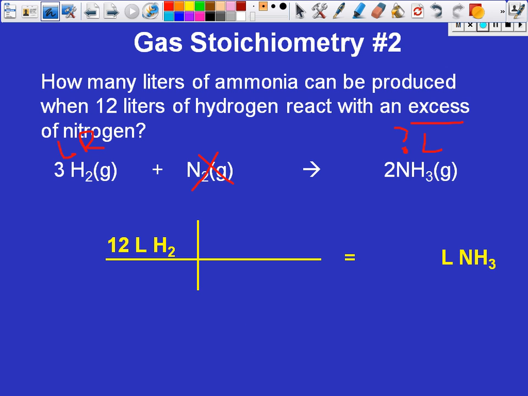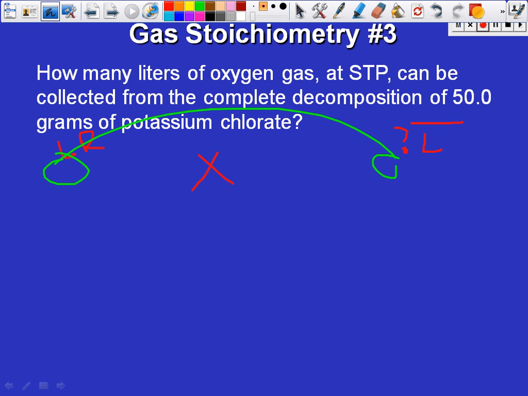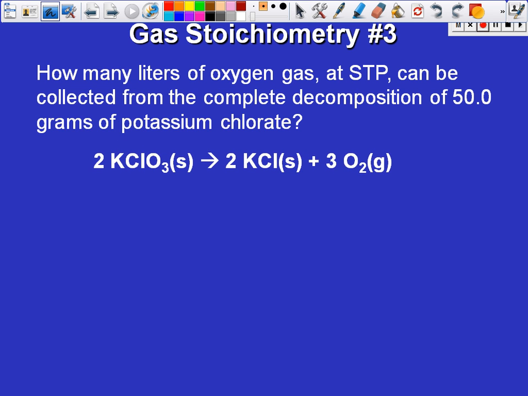What is your top-to-bottom ratio from hydrogen to ammonia? It is a 3-to-2 ratio, which gives you 8 liters of ammonia. So if you start out with 12 liters of hydrogen gas, you're going to end up with 8 liters of ammonia gas.